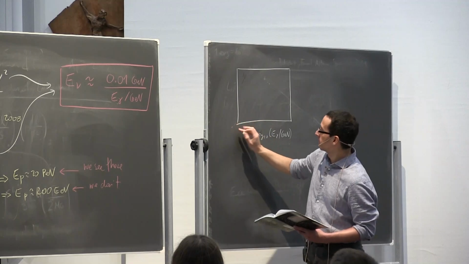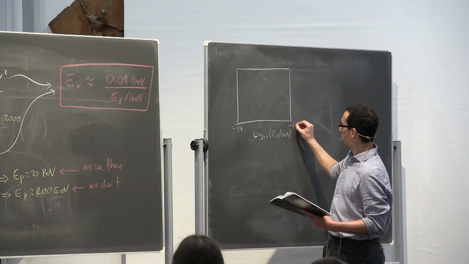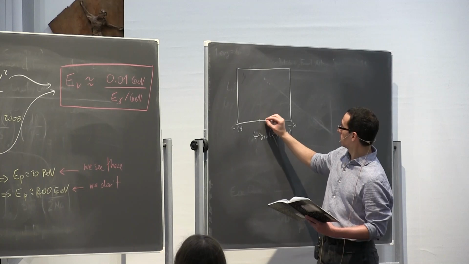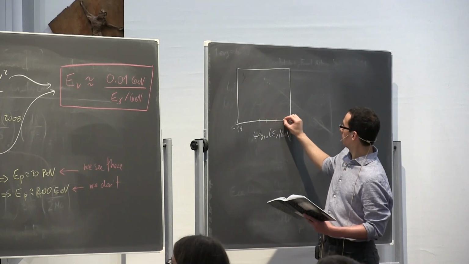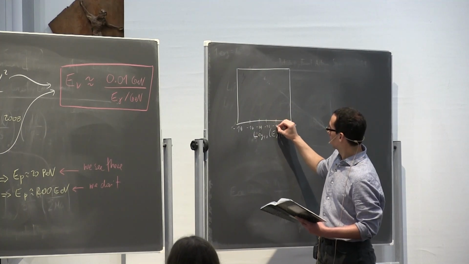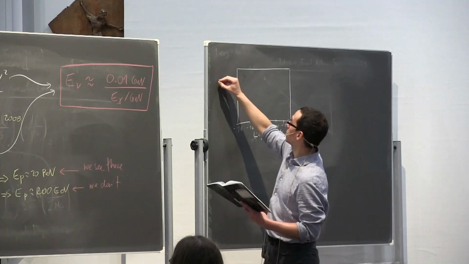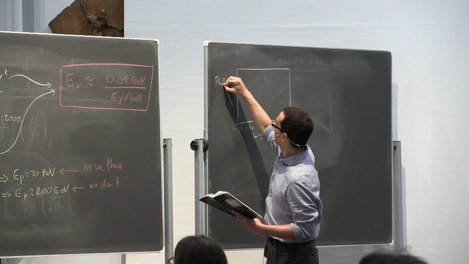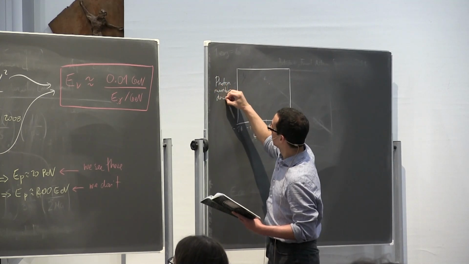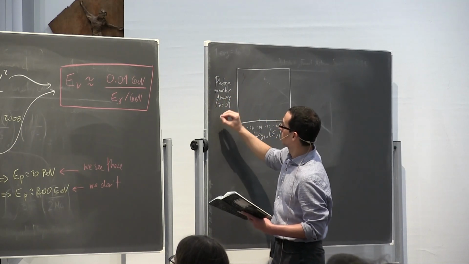And this goes from very small energies to higher energies. 16, 14, 12, 10, 8. And on the y-axis we had the photon number density. And the picture I'm drawing now is in the local universe.